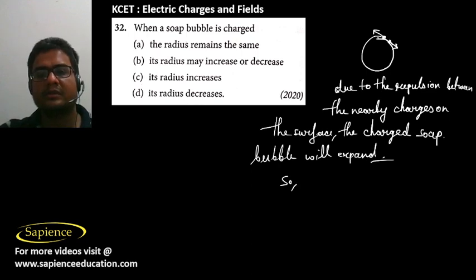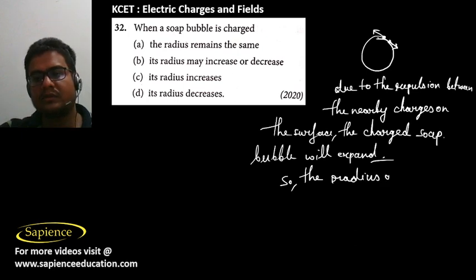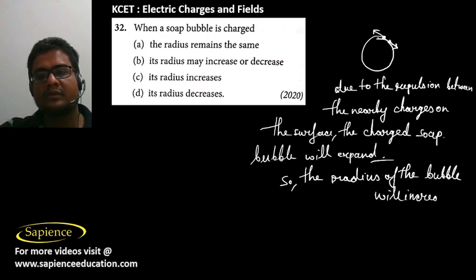So it means the radius of the bubble will increase. Option C is the answer.